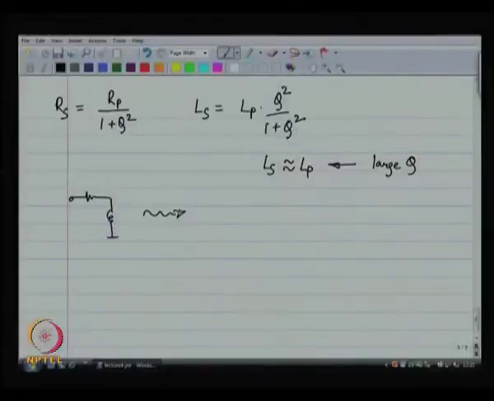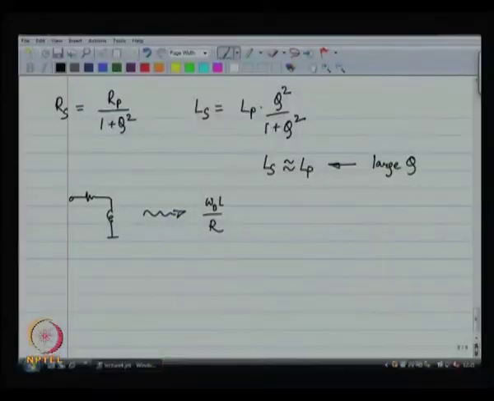So, when we do this, the Q is inversely proportional to the resistance, right. Okay. So, the Q is inversely proportional to the resistance, and what do we have here?